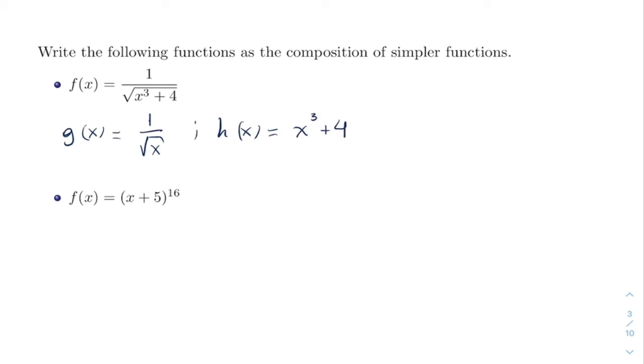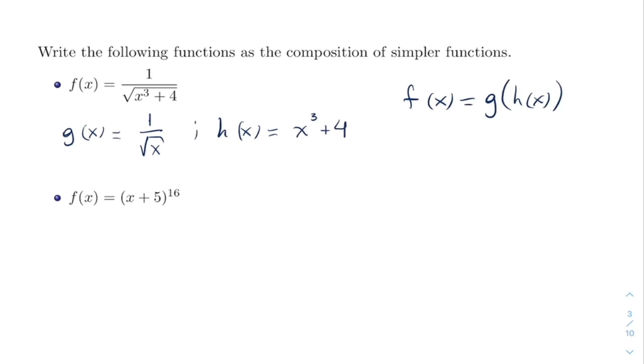Then, with these two functions, f of x can be written as g evaluated at h of x. So here we found two functions whose composite is our function f.